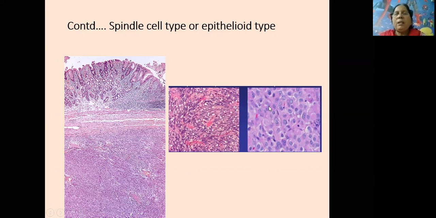Epithelioid types are like epithelial cells: polygonal cells with eosinophilic cytoplasm and a dark nucleus. These cells have scanty cytoplasm and an elongated nucleus.